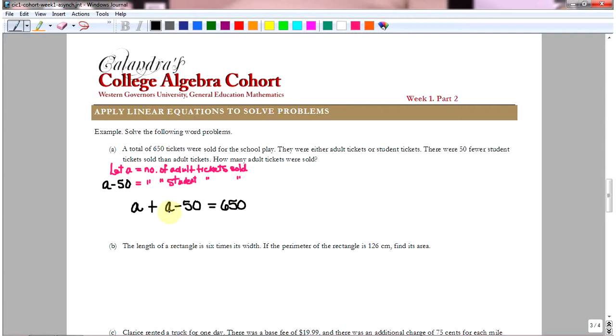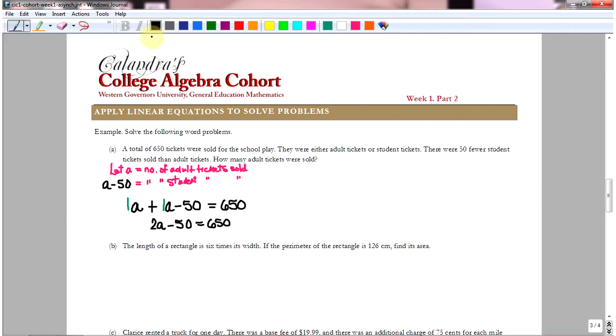All right, now that we have our equation, we're going to apply what we were doing previously and solve it. So we need to combine our like terms. A plus A, remember there are those understood ones in front of the A's, gives us 2A minus 50 is equal to 650.